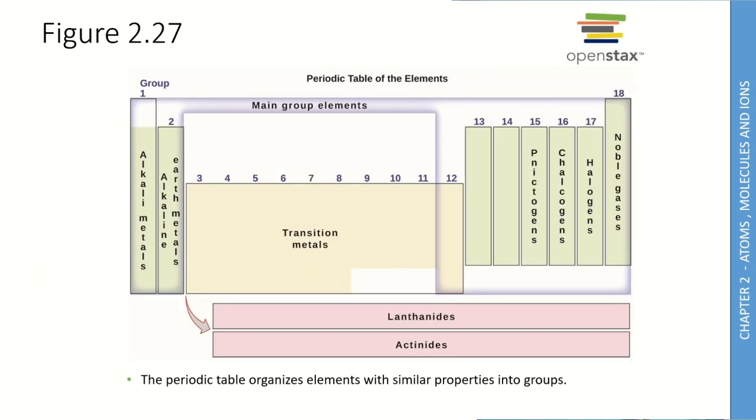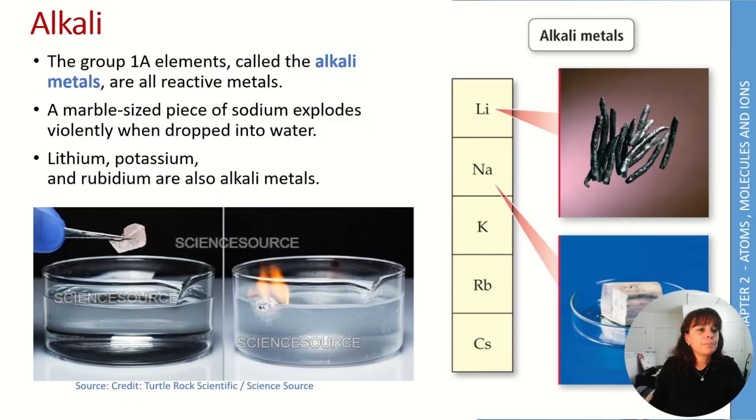Okay. Other main families or groups over here: alkali metals, alkaline earth metals, the halogens, noble gases, and the other groups. We're going to talk more about those 5 over here. So alkali metals are very reactive.